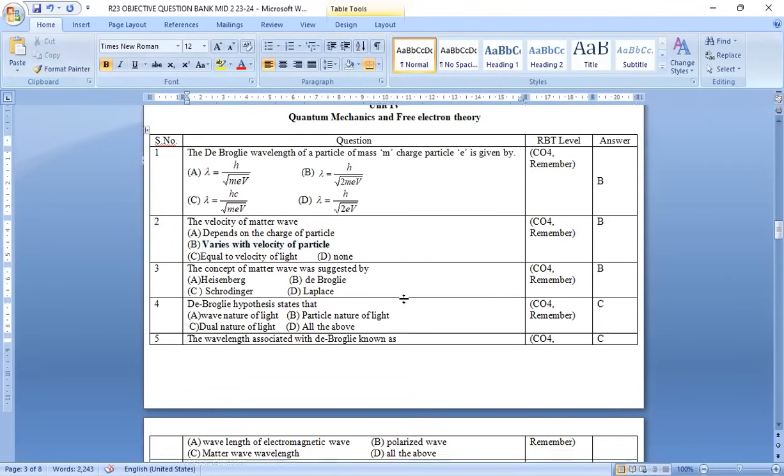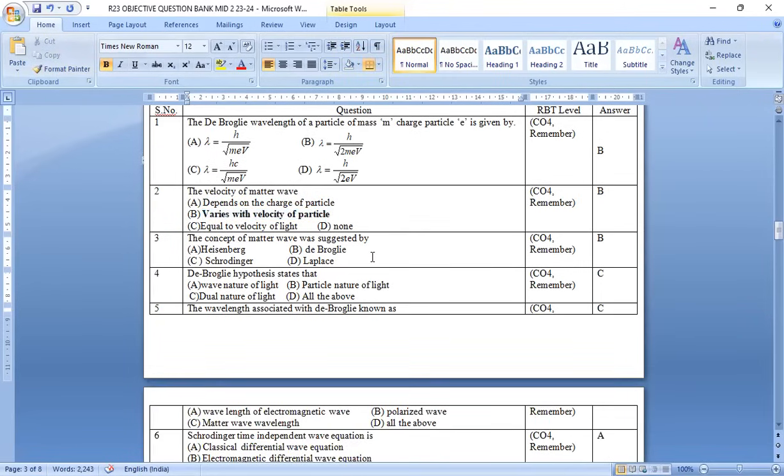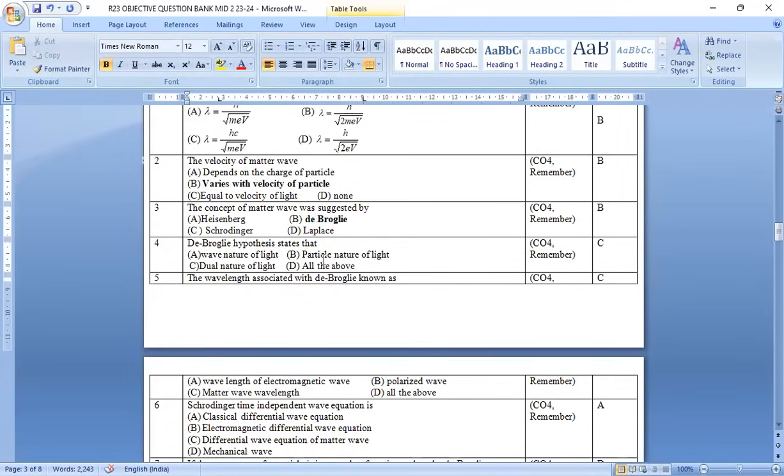Option B is the right answer. The concept of matter waves was suggested by de Broglie. Option B is the right answer. And then the de Broglie hypothesis states the dual nature of matter. Option C is the right answer.